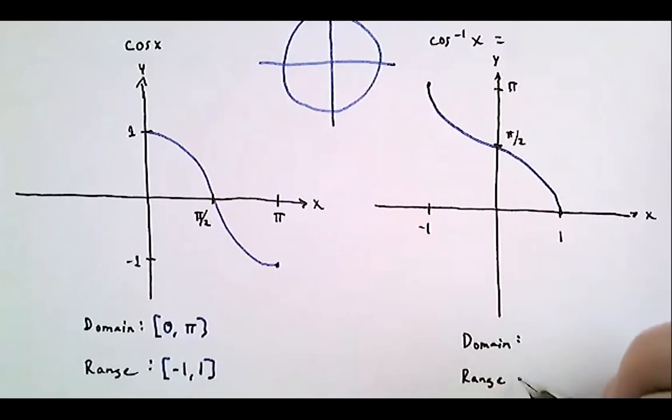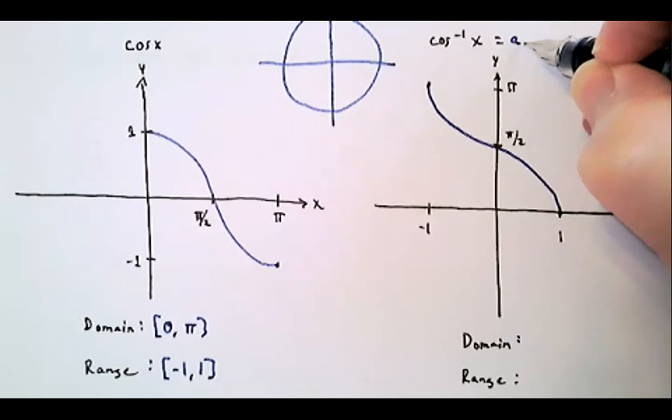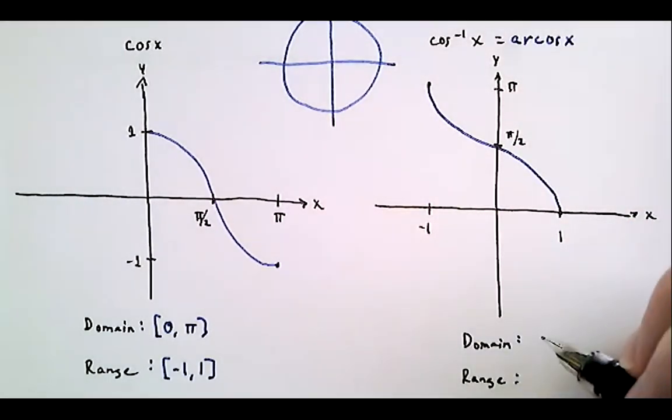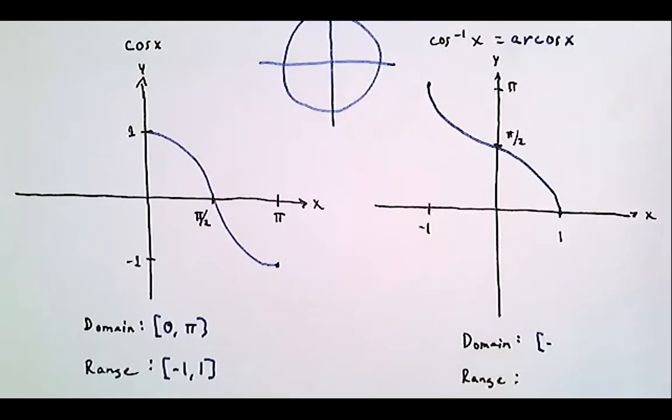And then we swap the domain and range for arc cosine, excuse me. So the domain comes from the old range, -1 up to 1. And then the new range comes from the old domain, 0 up to pi.